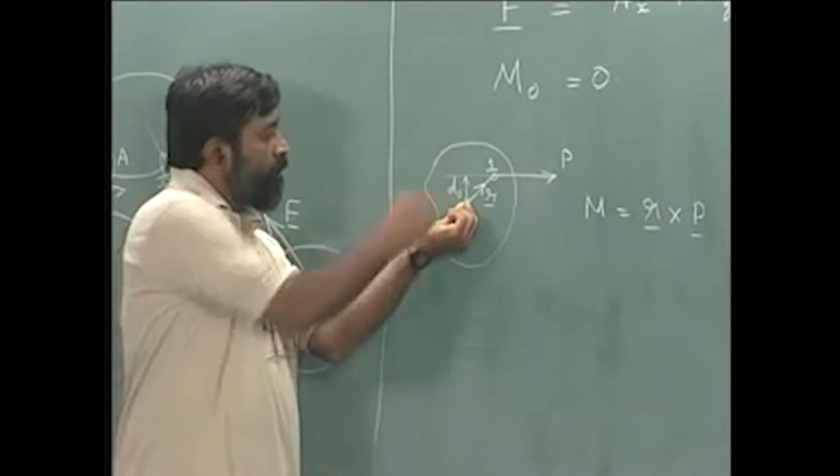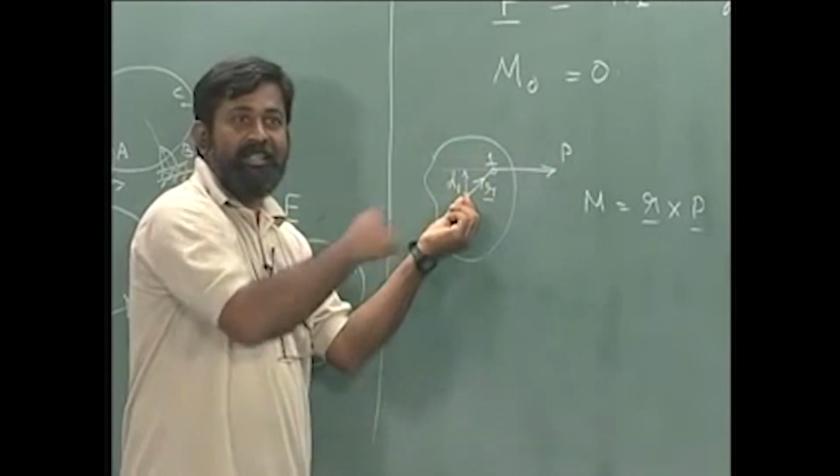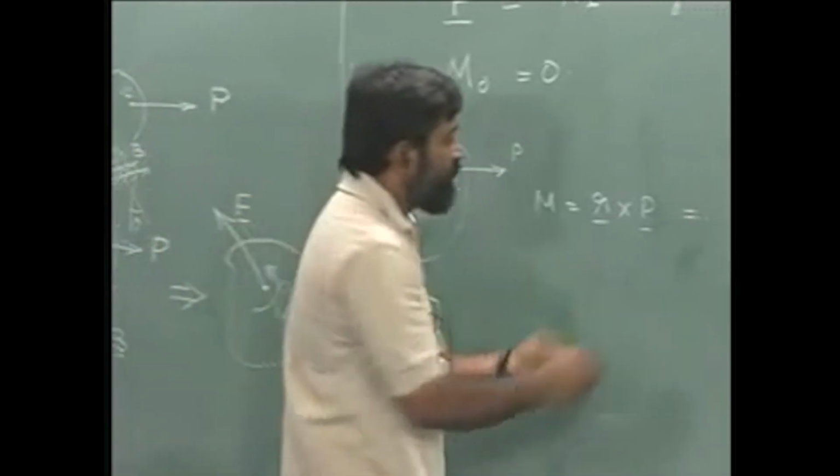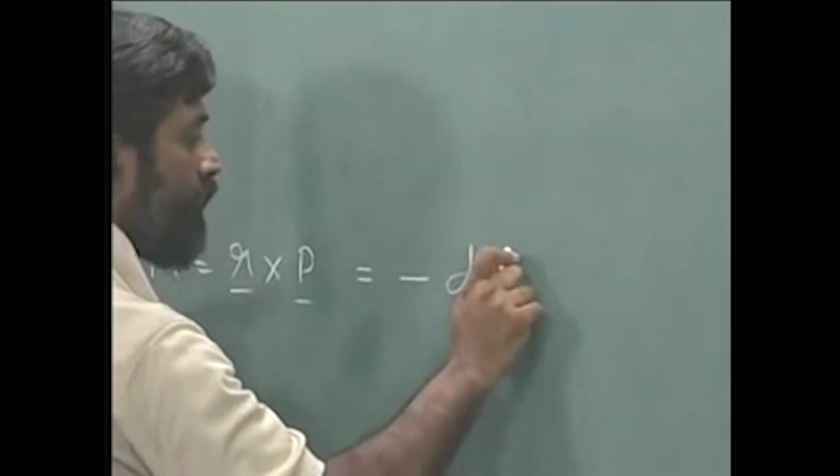If I hold some object and pull it this way, it is going to rotate like this. That is an understanding that I can have, and therefore I can say this is minus d1 times P.